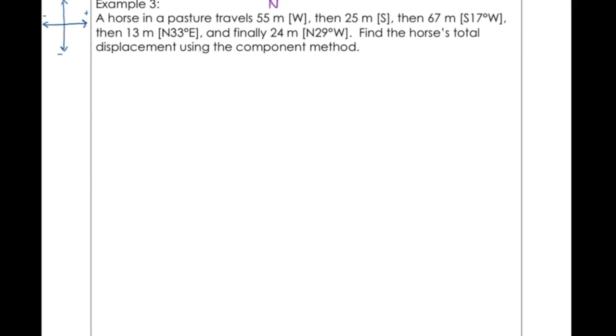So this is going to be N1, N2, N3, N4, and N5. Okay, so we have 5 different vectors that we're going to break up. We're going to make this the horizontal part of it, and then this will be our vertical aspect of each of the ones that we're doing.